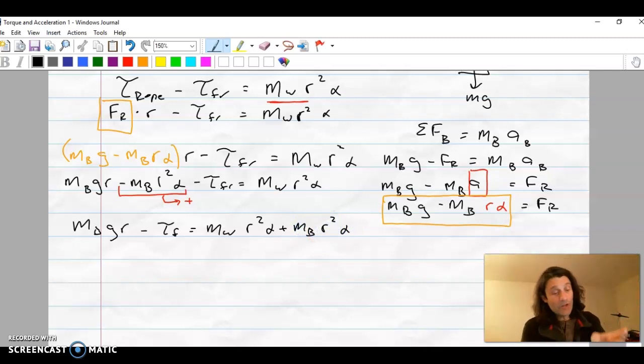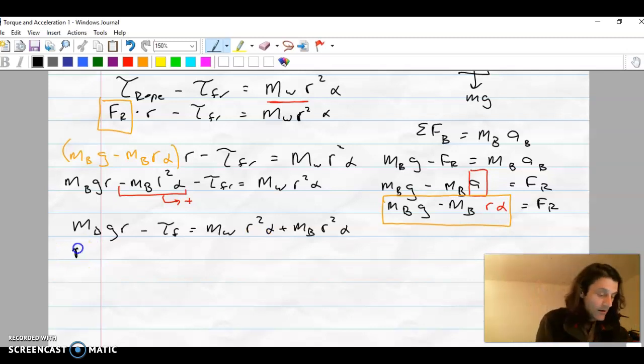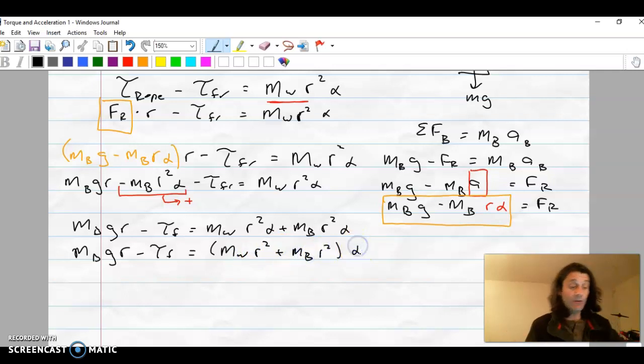So I'm going to fish out the alpha, and I'm going to divide by everything that's not an alpha. The mass of the block times gravity times the radius minus the torque due to friction is equal to, in parentheses, the mass of the wheel, r squared, plus the mass of the block, r squared, times alpha. So just divide by everything that isn't an alpha.